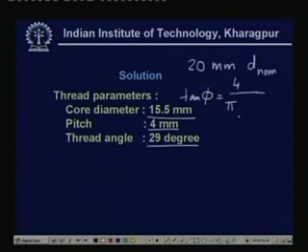For the acme thread, pitch diameter will be equal to the nominal diameter plus the chord diameter by 2. So, this is nothing but the mean diameter. So, when you calculate, you get the value of phi. Then you have to calculate the value of lambda, that is tan lambda is equal to 0.15.